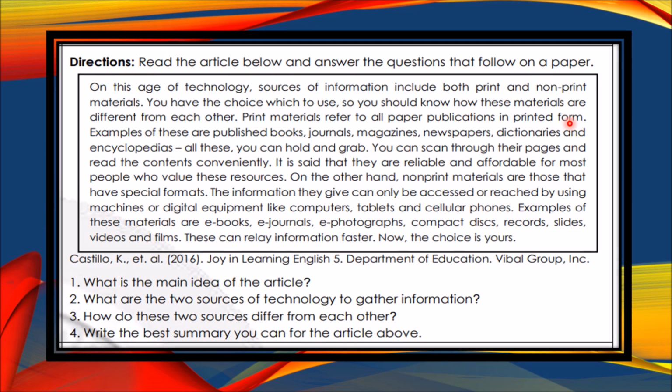And non-print materials are those that have special formats that can only be accessed or reached by using machines or digital equipment like computers. Or you can put that until here, like computers, tablets, and cellular phones. That's it. You summarize it already. Okay? Do you understand now? Good.